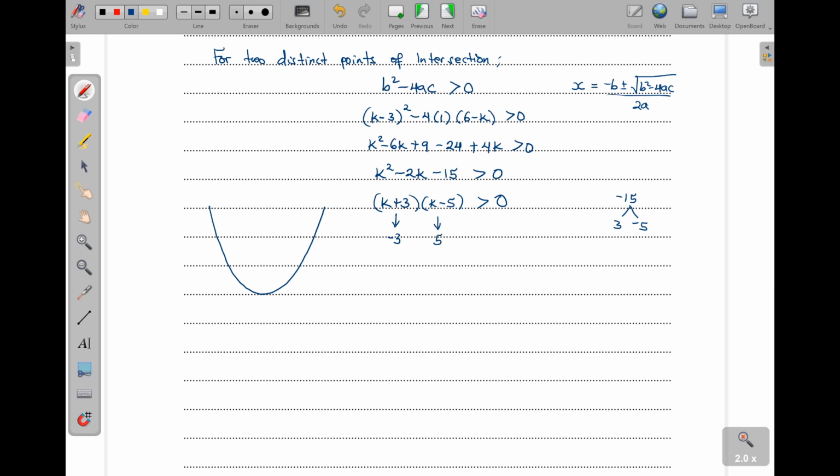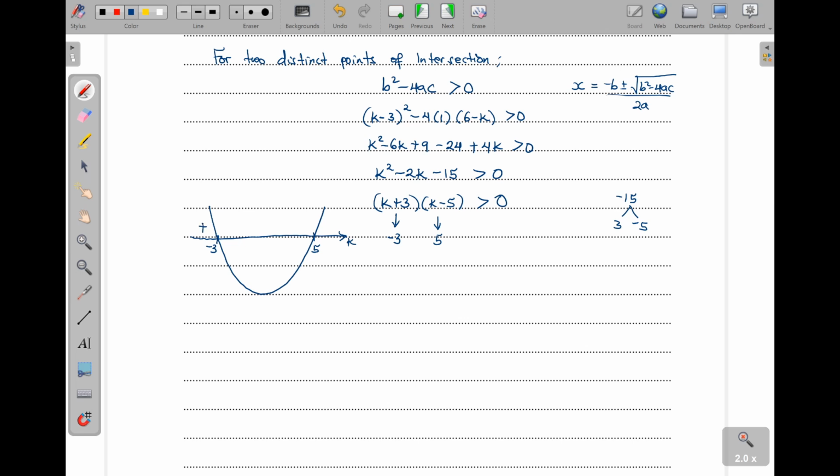Now we are supposed to look at the region less than negative 3, in between negative 3 and 5, and then above 5. When we sketch this one, because the coefficient of k squared here is positive, it is going to be a U-shaped curve. Where it cuts the k-axis, this one will be the k-axis because it is in terms of k, right? Don't write x. Now we shall have negative 3 here. That is where it cuts this axis.